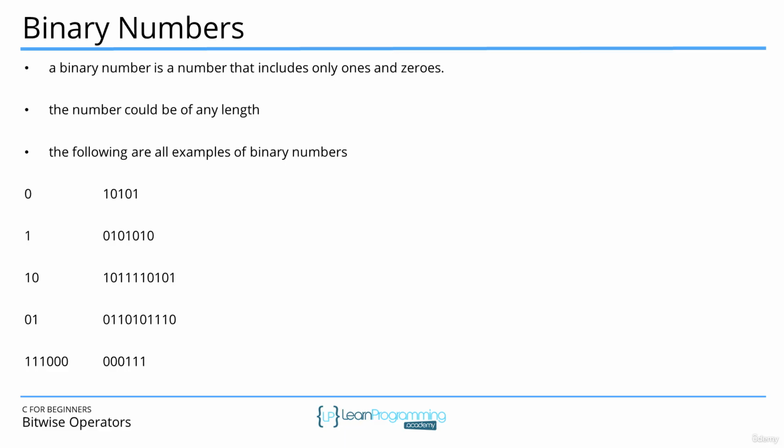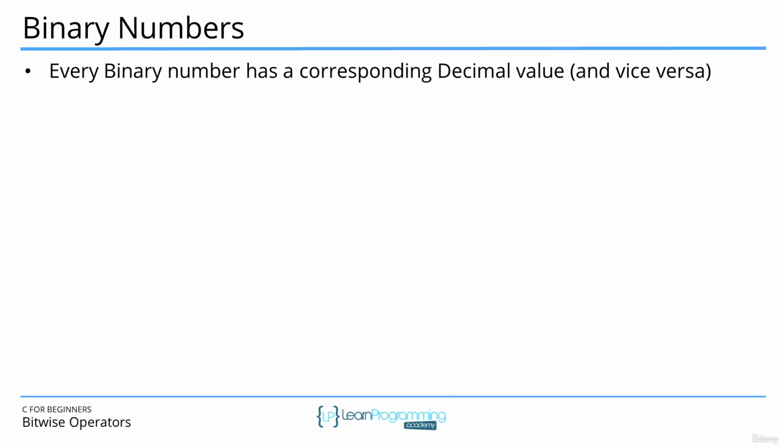Remember that a byte is 8 bits. An integer is usually 4 bytes on most platforms. It depends on the architecture, but mostly 32 bits. So you have 32 values that you can store with 1s and 0s to indicate on or off. Every binary number has a corresponding decimal value, so you need to understand how to convert binary to decimal.